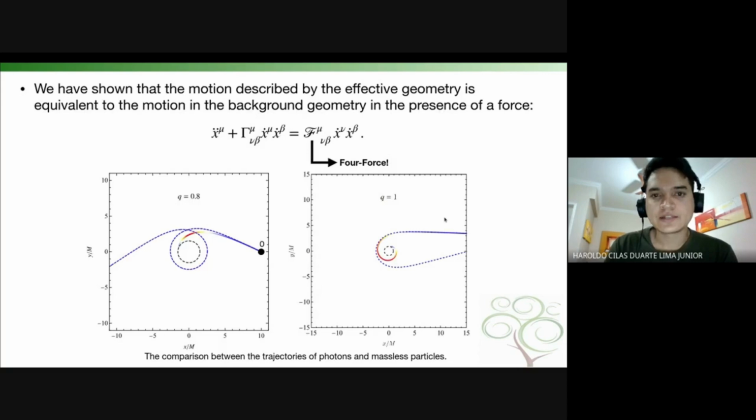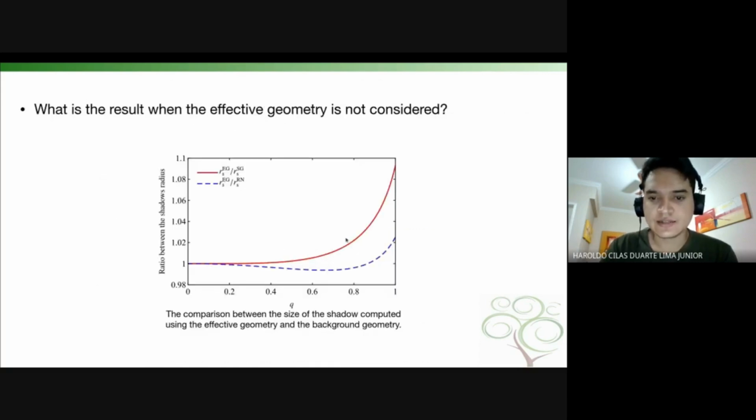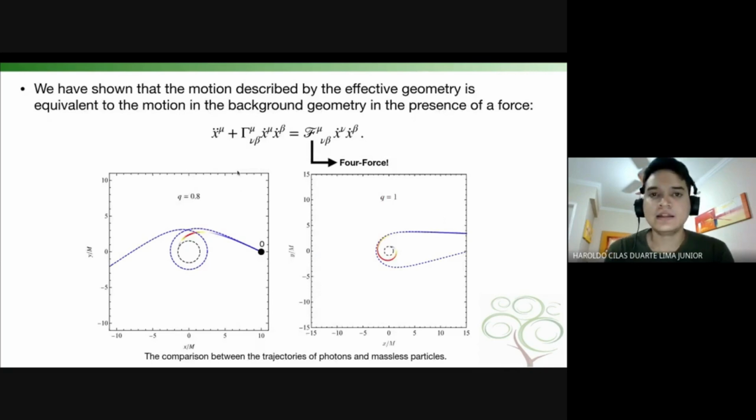But now, what explains the fact that this ratio here is always greater than 1? Well, in the paper that I mentioned in the beginning of the presentation, we have shown that the motion described by this effective geometry, this kind of effective geometry that we introduced to describe the propagation of light rays in a nonlinear electrodynamics, is completely equivalent to the motion in the background geometry, but in the presence of a force term, which I show here.